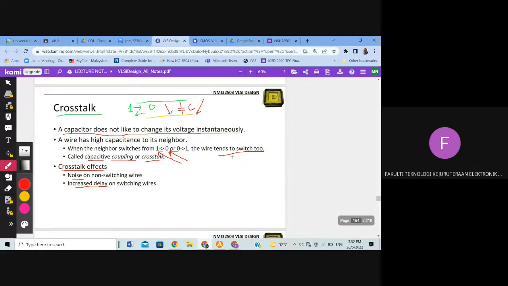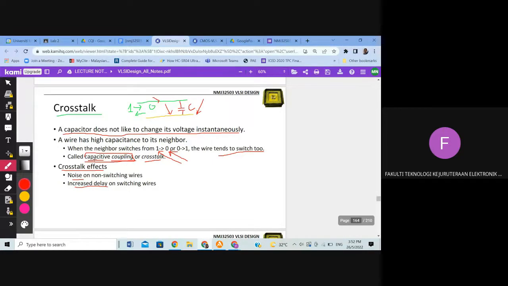The wire next to the switching wire tends to do the switching too. For example, we have this green wire and this yellow wire. When the green wire does switching, the neighboring yellow wire also tends to switch. This gives what is called crosstalk, due to the capacitive coupling effect.